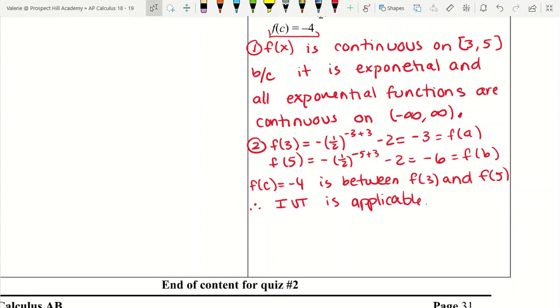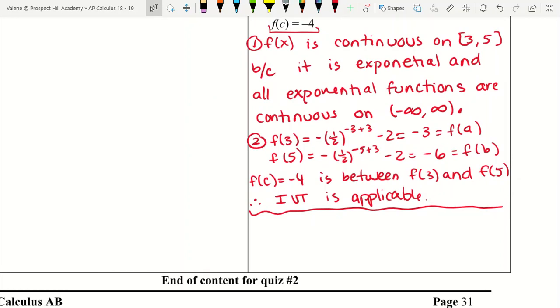So what that means is that now I can just plug in c and use that the equation should equal negative 4 to figure out what c would be. So we know that negative 1/2 to the negative c plus 3 minus 2 should equal negative 4.